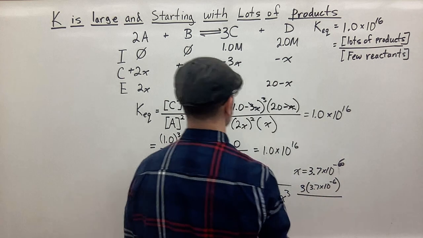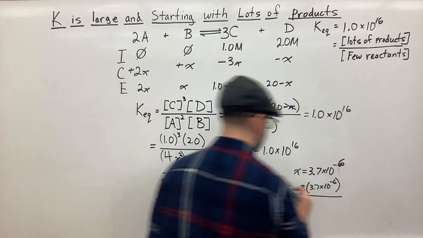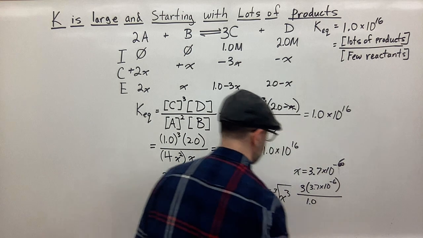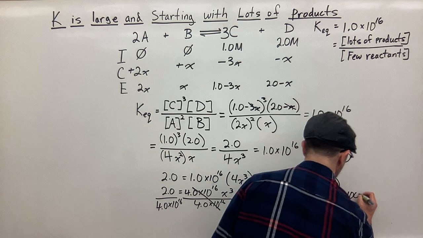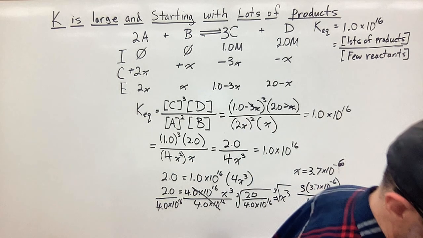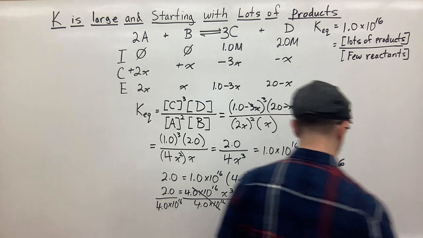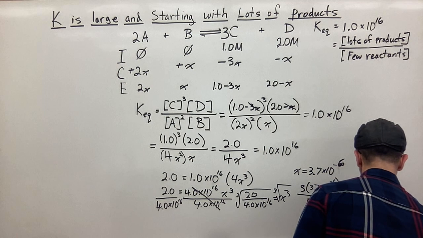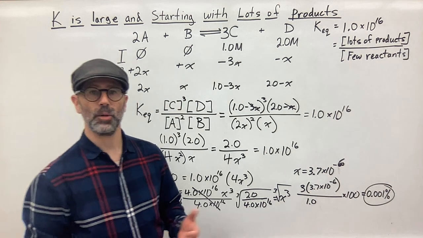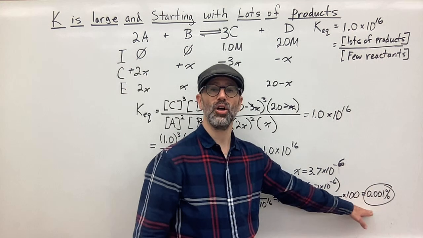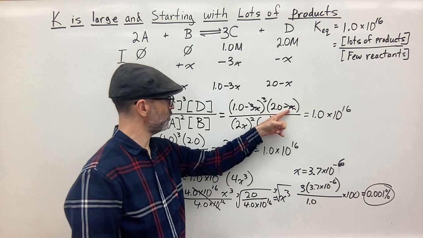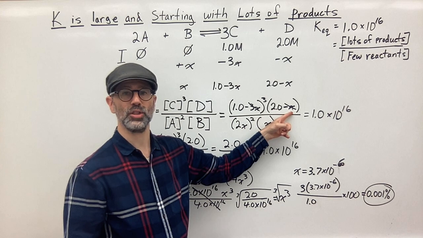And we're going to divide that by the original concentration, 1.0 molar, and then multiply that by 100, and then we get our percentage. And what the percentage is, let me double check, 0.001%. So that is well below 5%. So our assumption to neglect x because it's so small is valid.